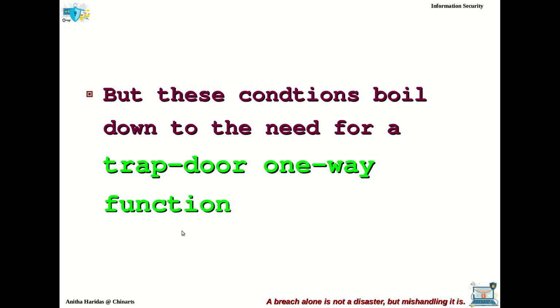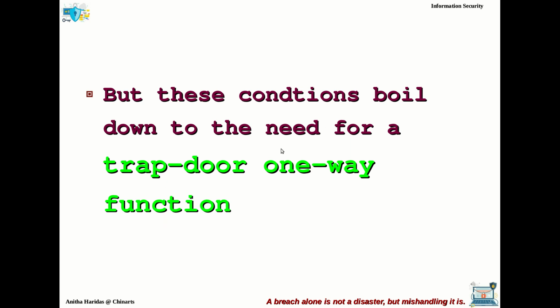But the point to be noted here is these conditions boil down to the need for a trapdoor one-way function. So if I want to have all these 6 different conditions implemented in any cryptographic algorithm, the algorithm must use a function called a trapdoor one-way function.